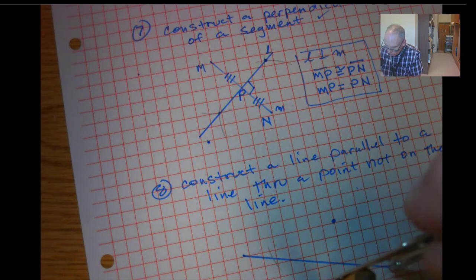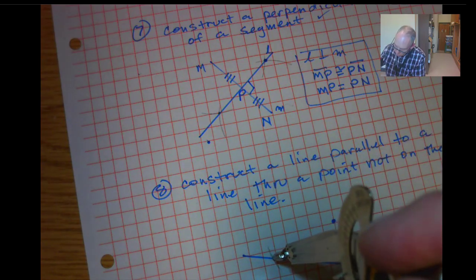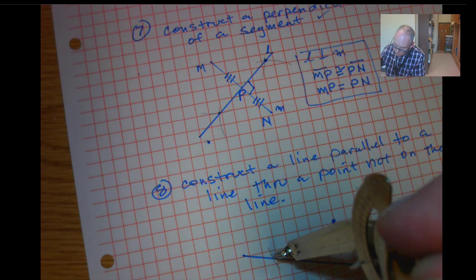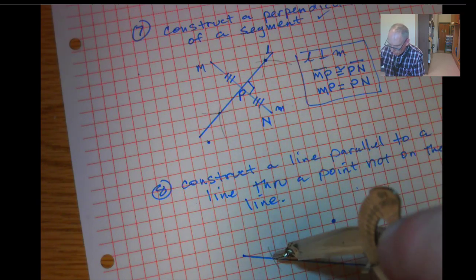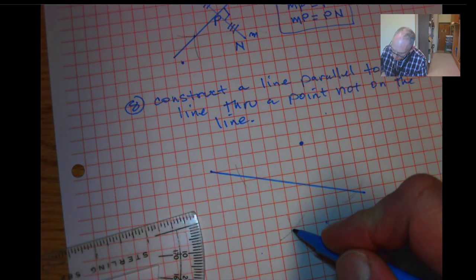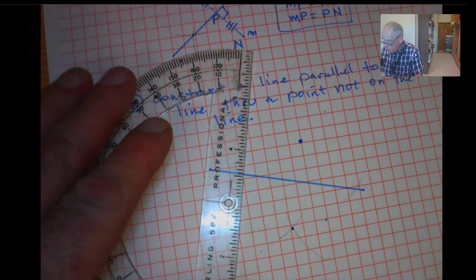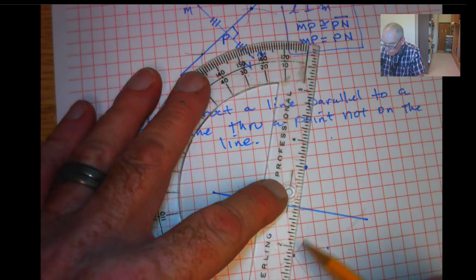And I strike the same arc down below from either side. And when I connect the original point with the intersection of those two arcs, I'm going to have my perpendicular line that goes to that point. So I'm going to sketch, or trace, that in using my straight edge.